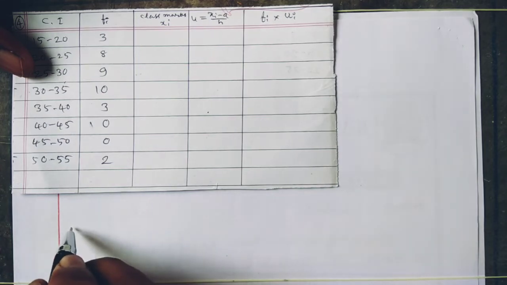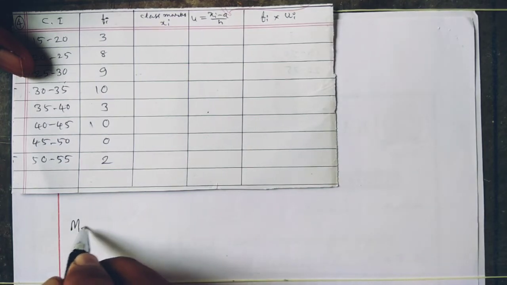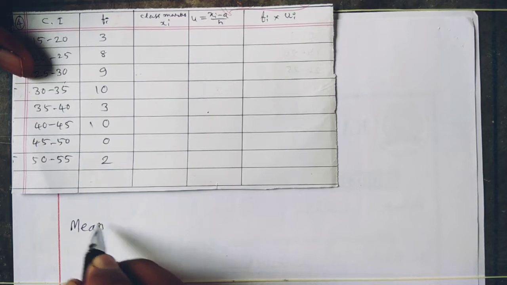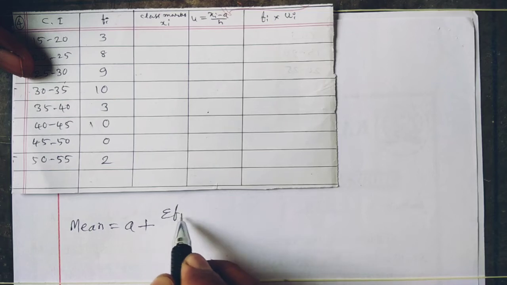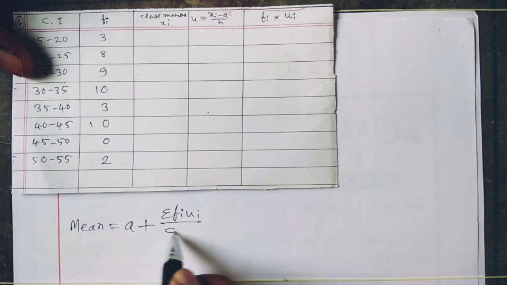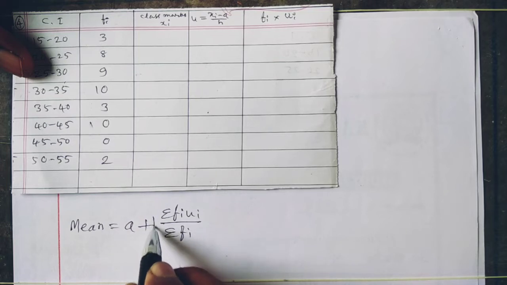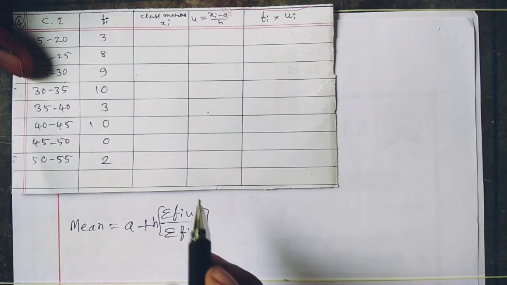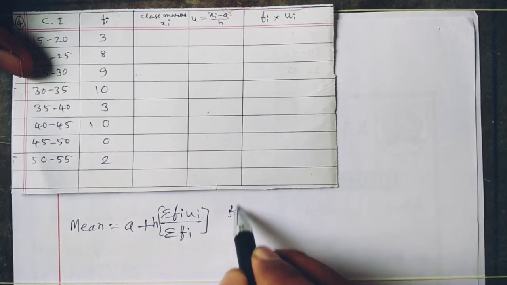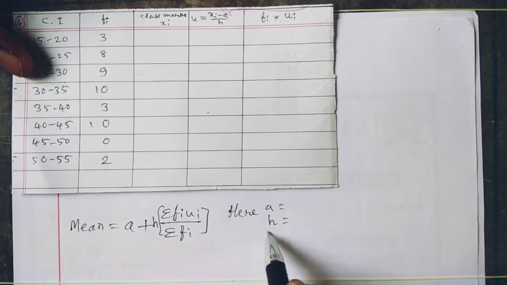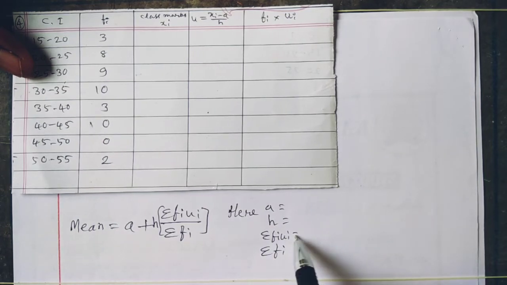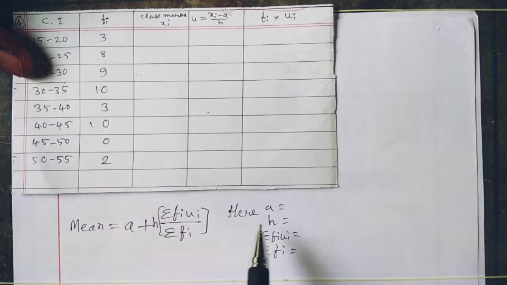Mean is equal to a plus sigma fi ui by sigma fi into h. So here we have to find a, h, sigma fi ui and sigma fi.